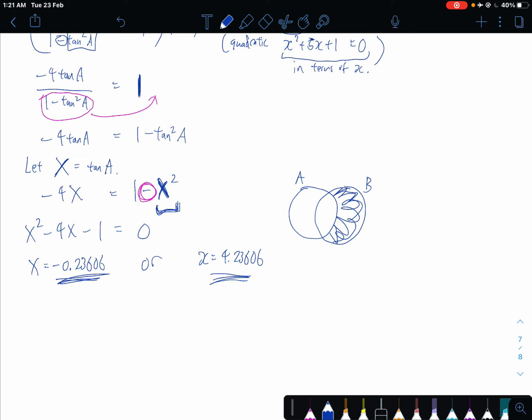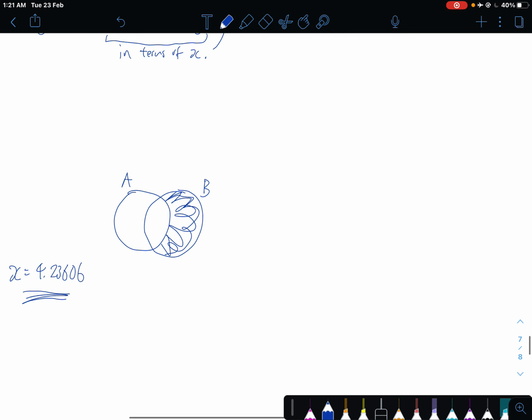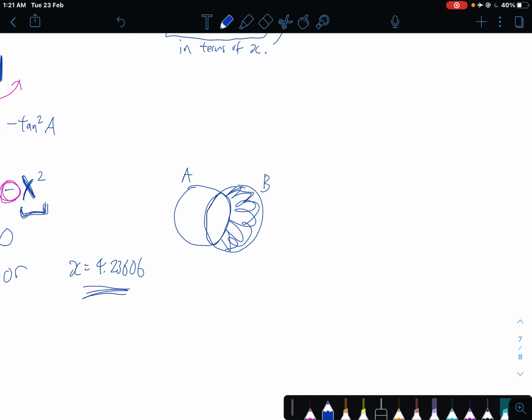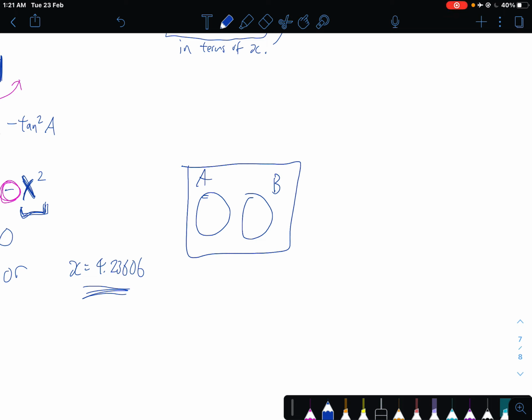Then B means it's a possibility that it's 4.230606. The intersection here is impossible. There is no intersection. So the diagram, more accurately speaking, should be A and B inside a universal set.